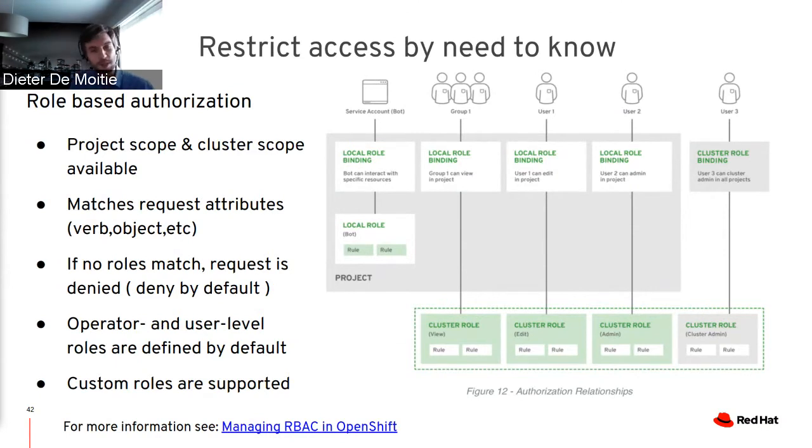There are some roles you can create and apply to the users, but there are also some predefined roles. There are cluster roles and local roles, related to a specific project. So you can be an administrator of your project without being a cluster admin, for example.